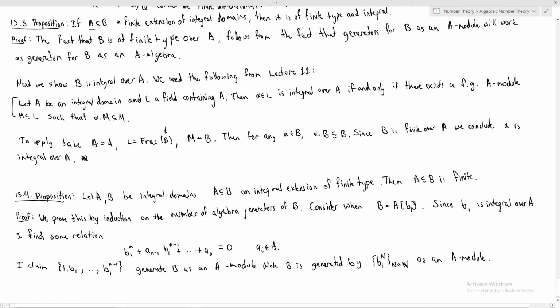However, it turns out that many of these terms are redundant. So thus, it suffices to show B1 to the n is in the A module generated by 1, B1, up to B1 to the n minus 1.